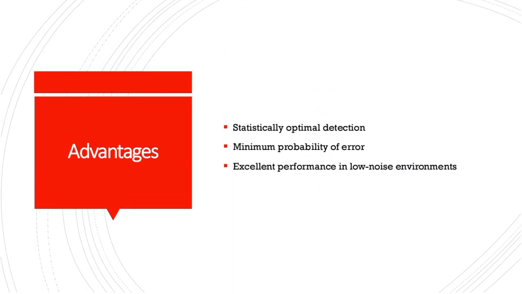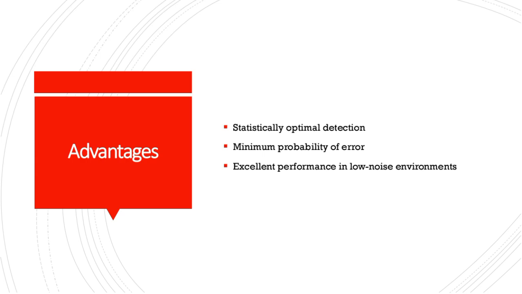The advantages of the maximum likelihood detector are that it statistically optimizes the detection and minimizes the probability of error. Another very important point is that it is used in many communication systems, and it gives the best performance at low noise.